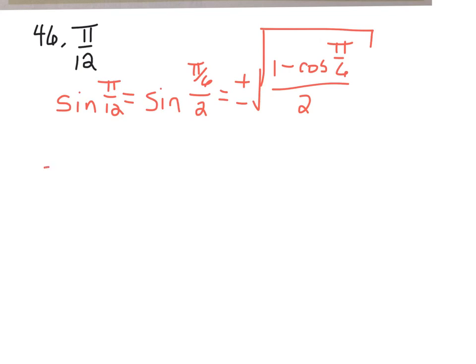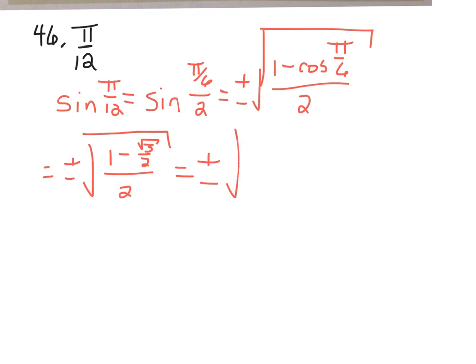So then we have plus or minus the square root of 1 minus, again, check your unit circle if you're not up on all of these, but it's 1 minus radical 3 over 2. And then the formula says over 2. We're going to just simplify that from here. 1 is the same as 2 over 2.